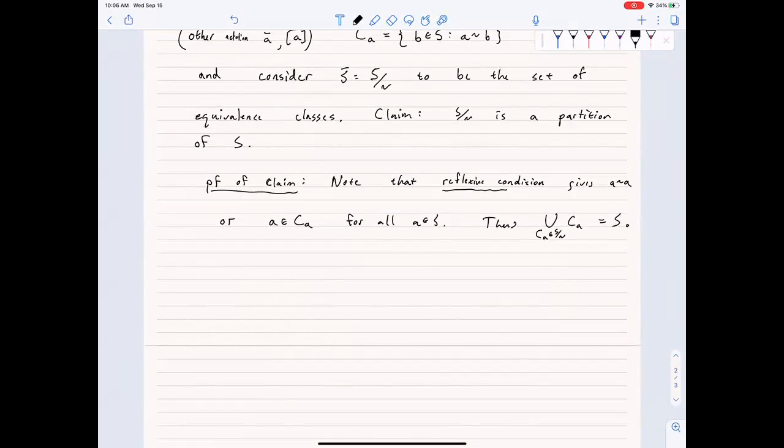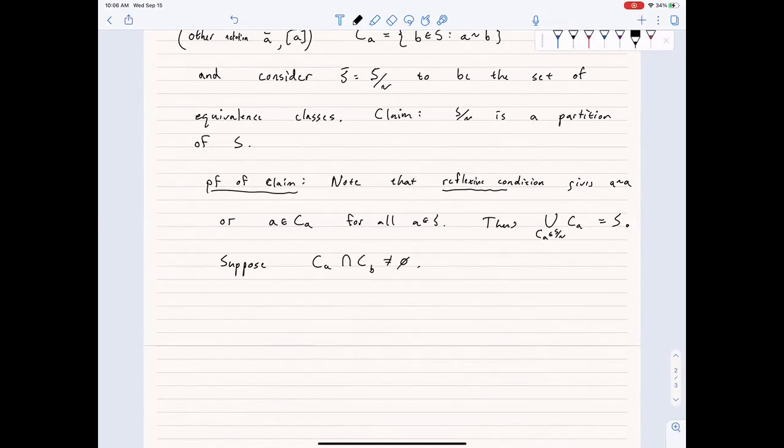So let's suppose I have two equivalence classes that are not disjoint. Suppose CA intersects CB is not empty. That means they're not disjoint. Now, if you're an experienced prover of theorems, you might think that what I'm trying to do is prove by contradiction that this can't happen.